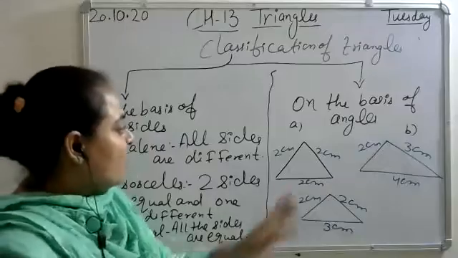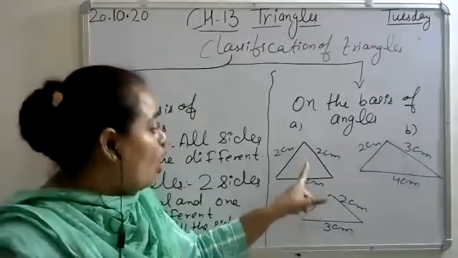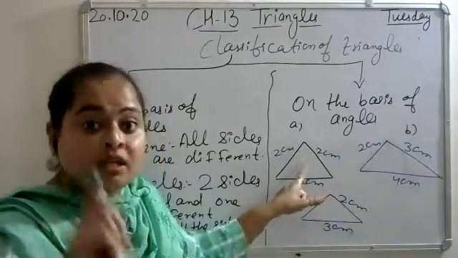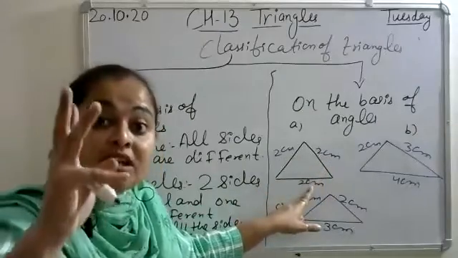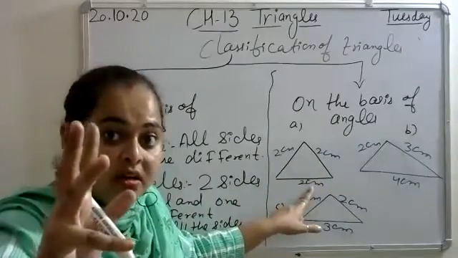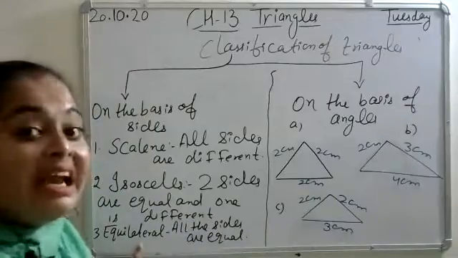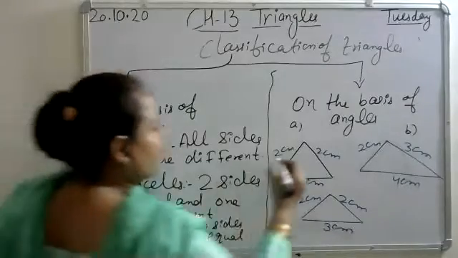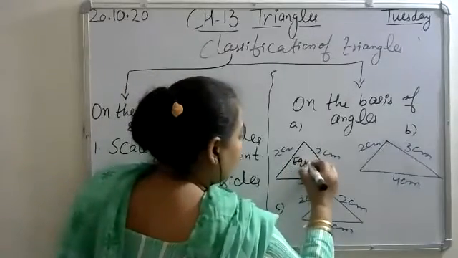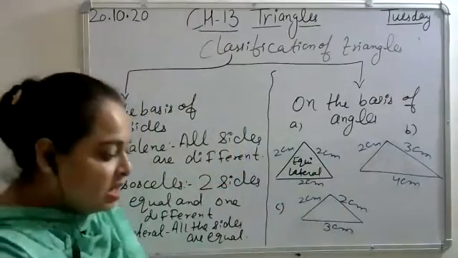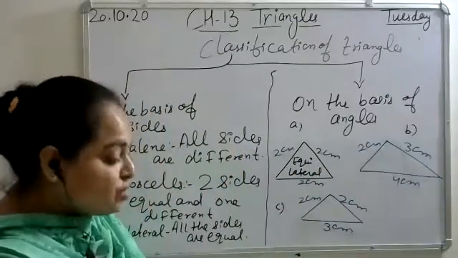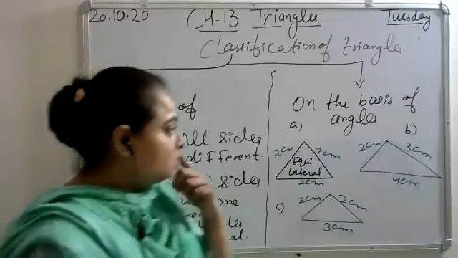Yes, check. In A part, all the 3 sides are equal. 2 centimeter, 2 centimeter, 2 centimeter. All the 3 sides are equal. So the name is equilateral. Now look here, B part. Utkarsh, your answer is incorrect.